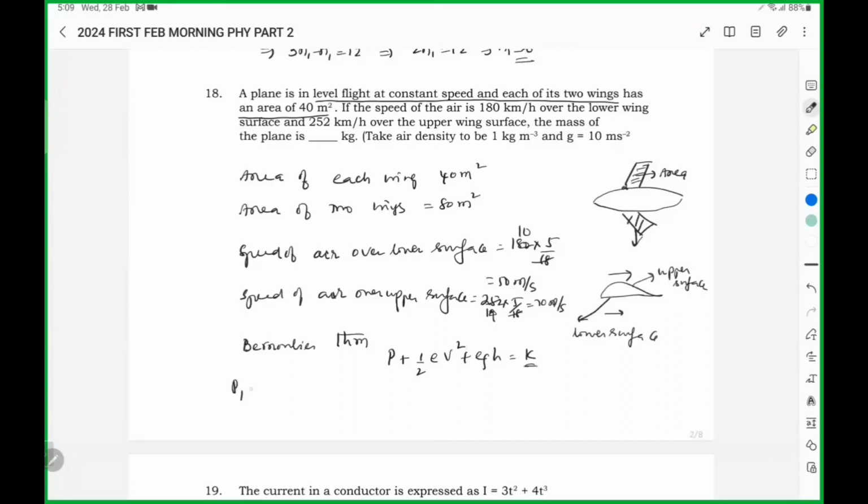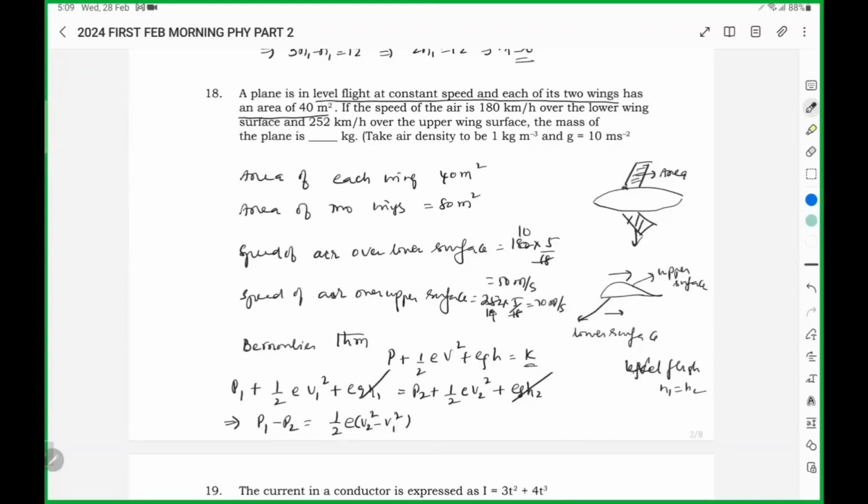So P1 plus half rho v1 square plus rho g h1 equals P2 plus half rho v2 square plus rho g h2. As it is a level flight, h1 is h2, and this gets cancelled. P1 minus P2 is the pressure difference, and because of this pressure difference the plane is lifted.